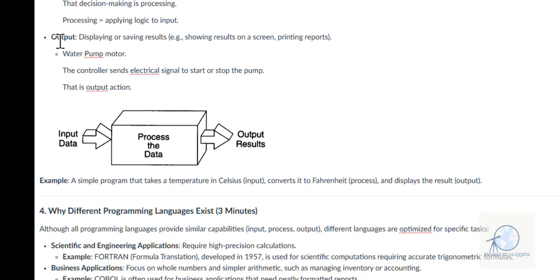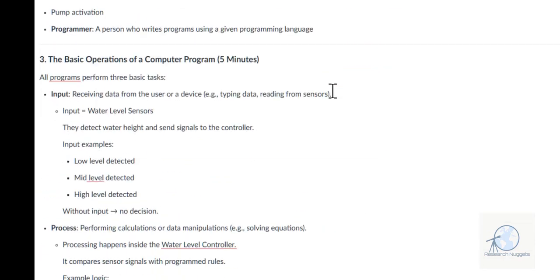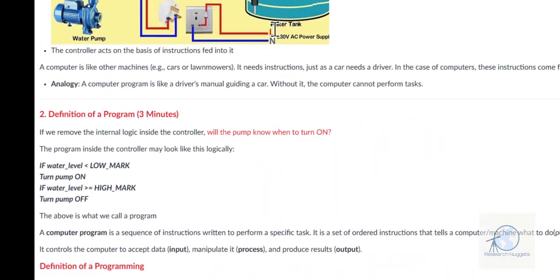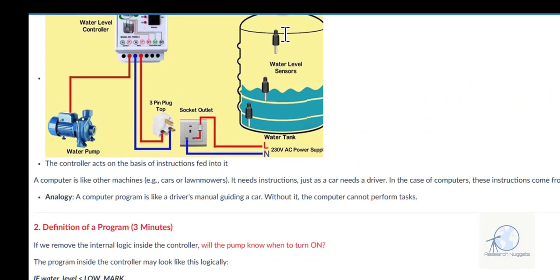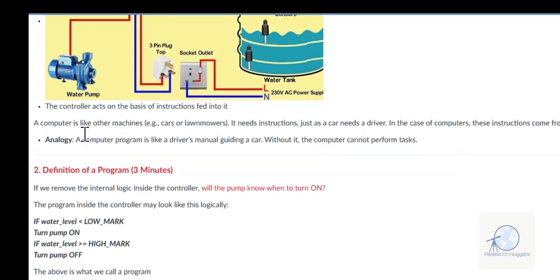The last bit is what is referred to as the output. Output is responsible for displaying or saving the results of the processing stage that has been undertaken. In respect to our water pump motor, once the controller has determined whether the levels are below or high, a trigger is going to be sent to our pump to either switch off or switch on the pump.